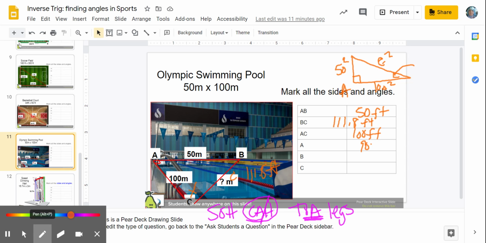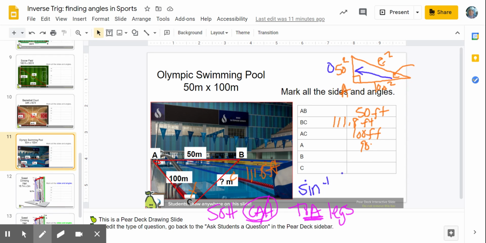If we use sine, is the 50 the O, the A, or the H? That's the O. And then what goes in the bottom of our fraction, in the denominator? The hypotenuse, which is 111.8.